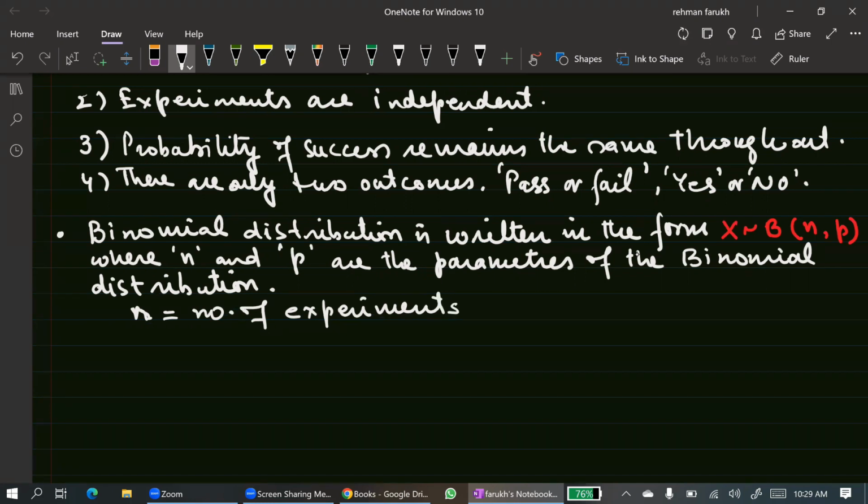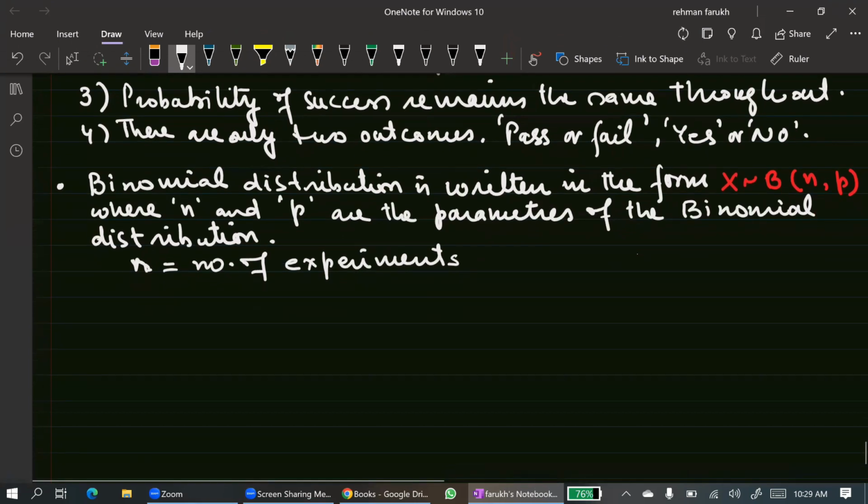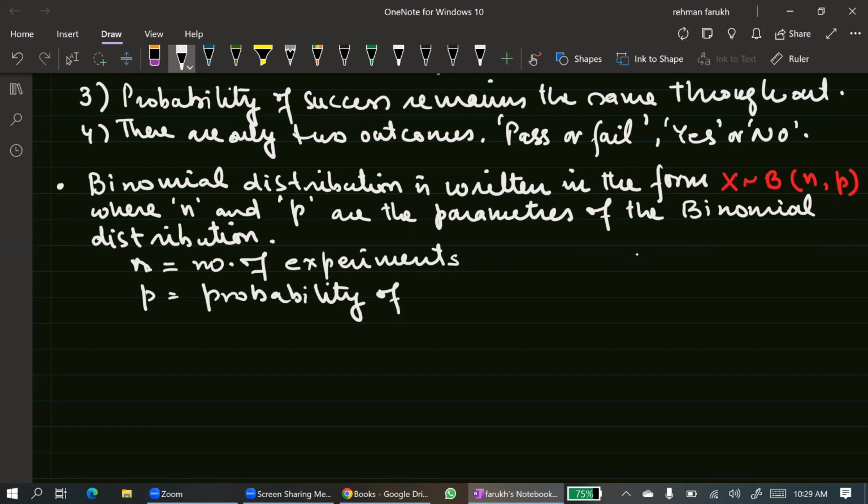In the above example, there are three experiments, so n is equal to 3, and p is the probability of success. In the above experiment, the probability of success is 1 by 6.